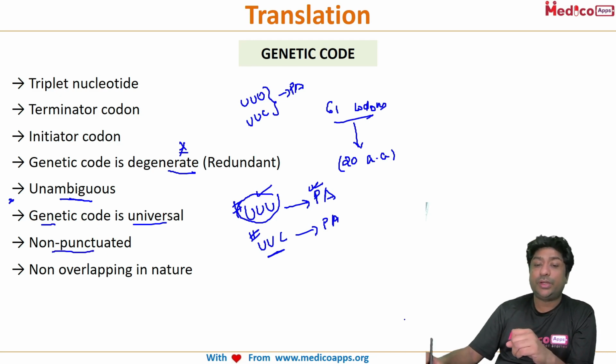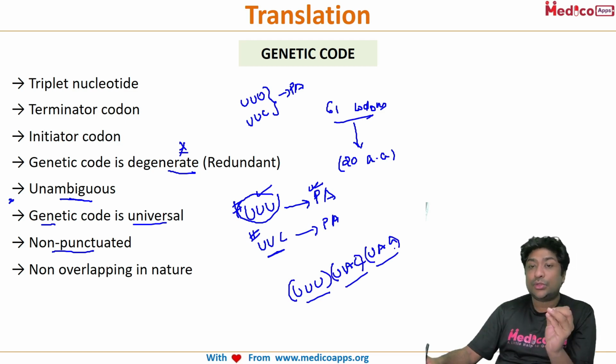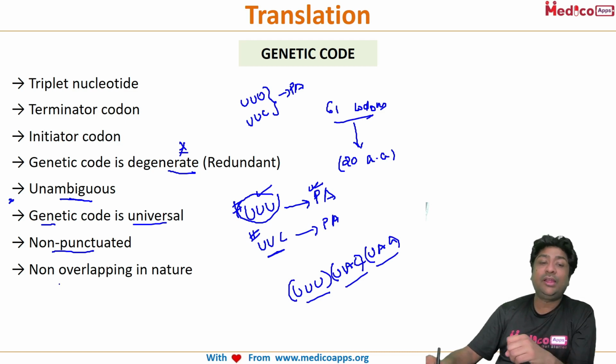It is non-punctuated, which means the reading of genetic code has no breaks. Once the first codon gets over, the next codon is there, then the third codon, and so forth. And finally, non-overlapping. Non-overlapping means it's always the first three, then the next three, then the next three, one after the other.